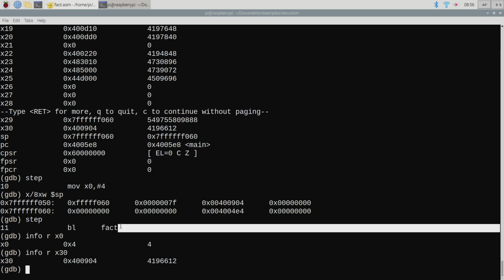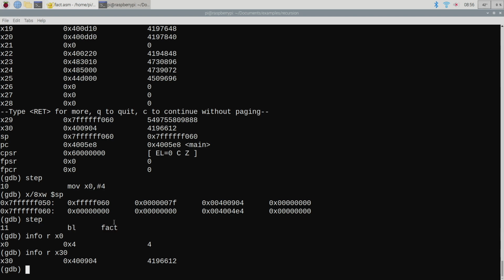Now what I'm about to do is branch and link. What that's going to do is take the current value in the program counter plus 4, which would be the instruction immediately after BL fact in my program, and put that into the link register.